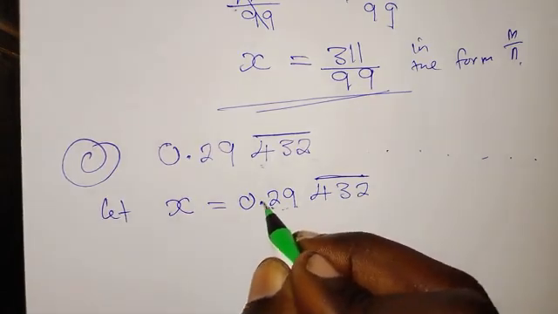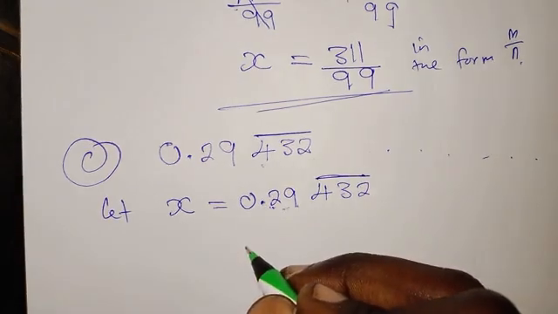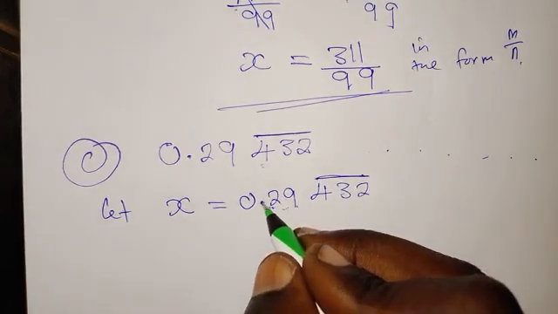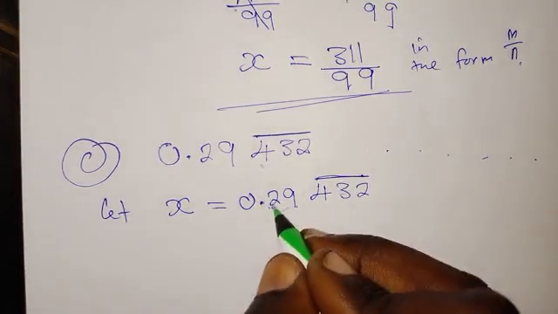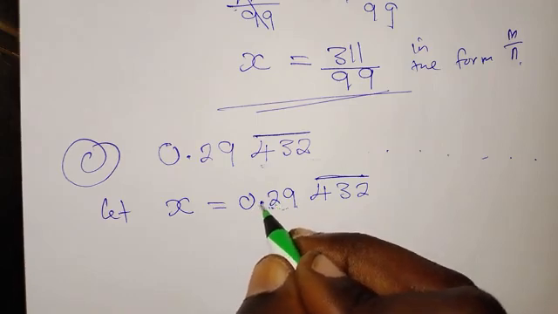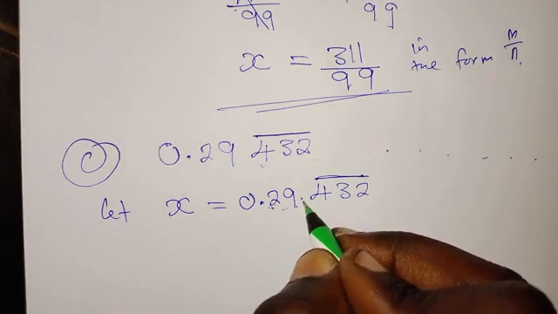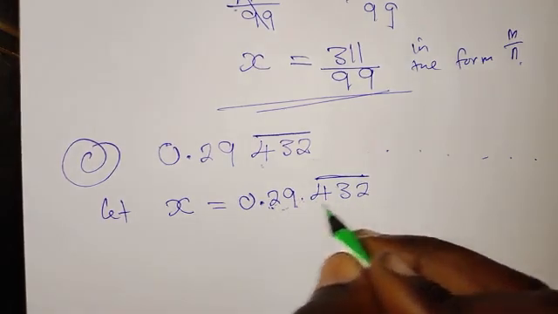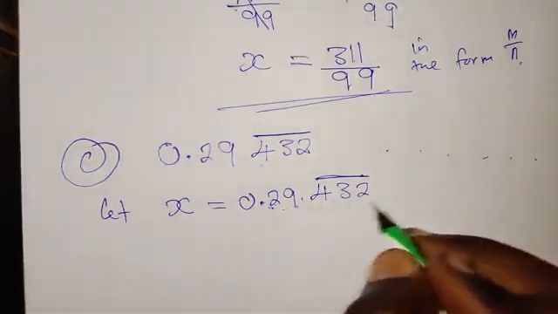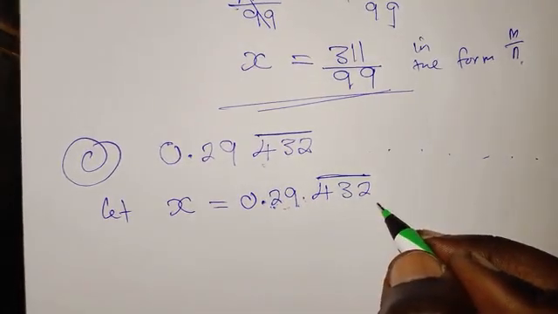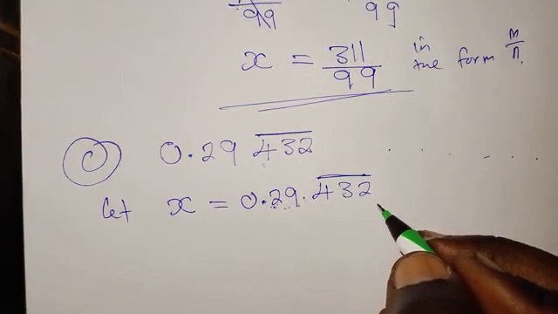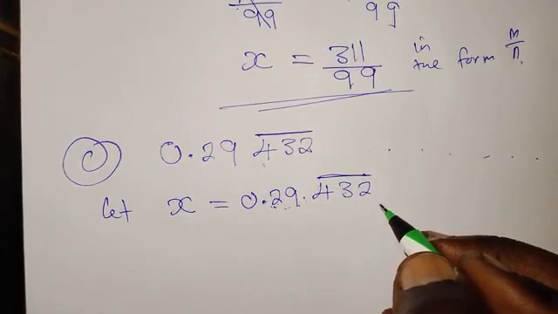So this 2, 9 should not be after the point. So first thing, I'm going to make the expression by multiplying this x by how much? 100, so that the point can be at this position. My main goal is only to have the repeating numbers after the point.